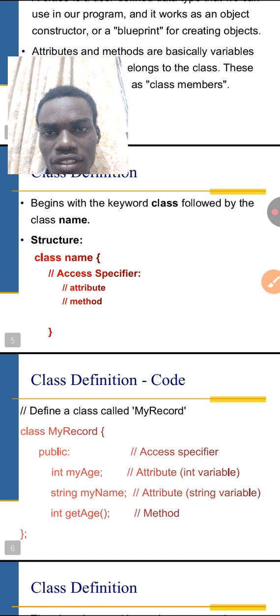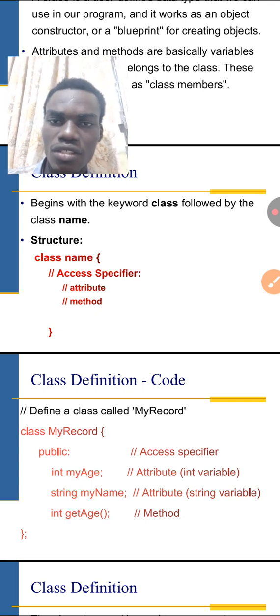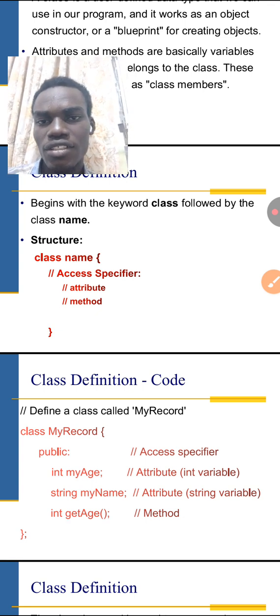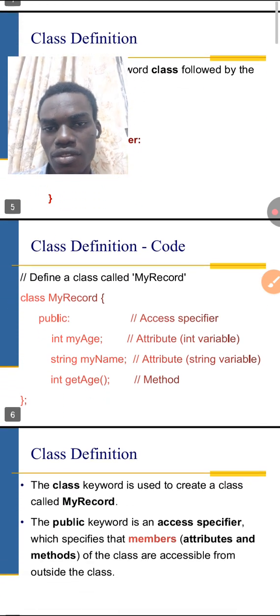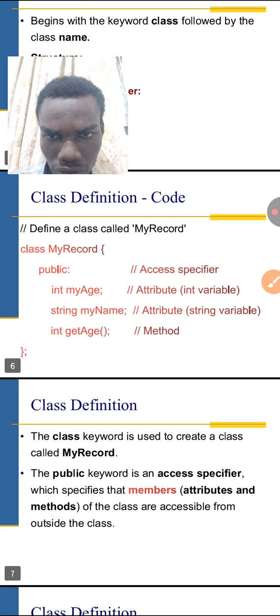You have the class and then the name. Then in the parentheses you have the access specifier, and within the access specifier you have the attribute and then the method. So here is an example.